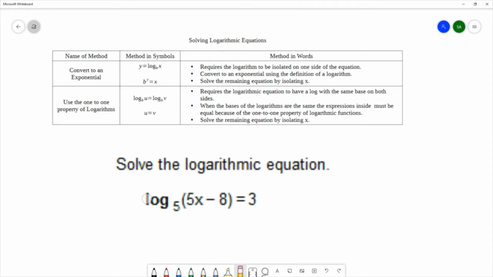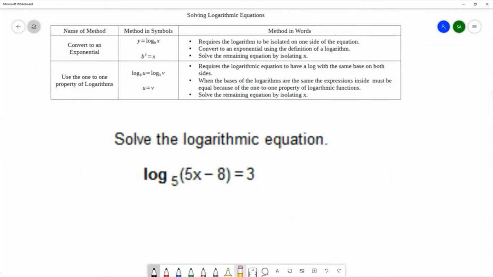We have a log that is isolated on one side of the equation. The second method requires a logarithmic equation to have a log with the same base on both sides. We do not have a log on the other side that has the same base of 5. So we're going to be using the first method of converting to an exponential.